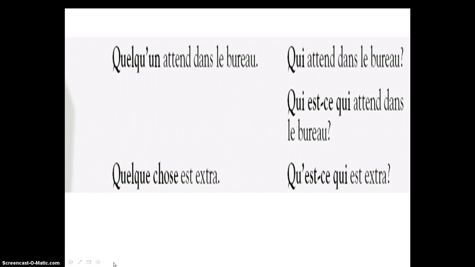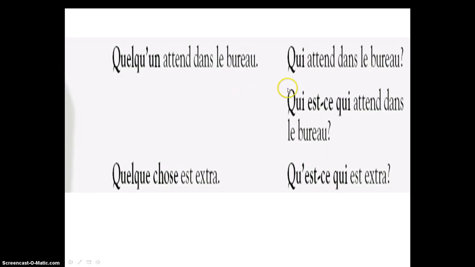All right. So let's go ahead and look at these statements here. For example, here it says "quelqu'un attend dans le bureau." Quelqu'un here means someone, somebody is waiting in the office, right? Now, if I want to know who is waiting in the office, they're asking you to ask the question to find the information in bold. So if I want to know this answer, I'm going to say who is waiting in the office.